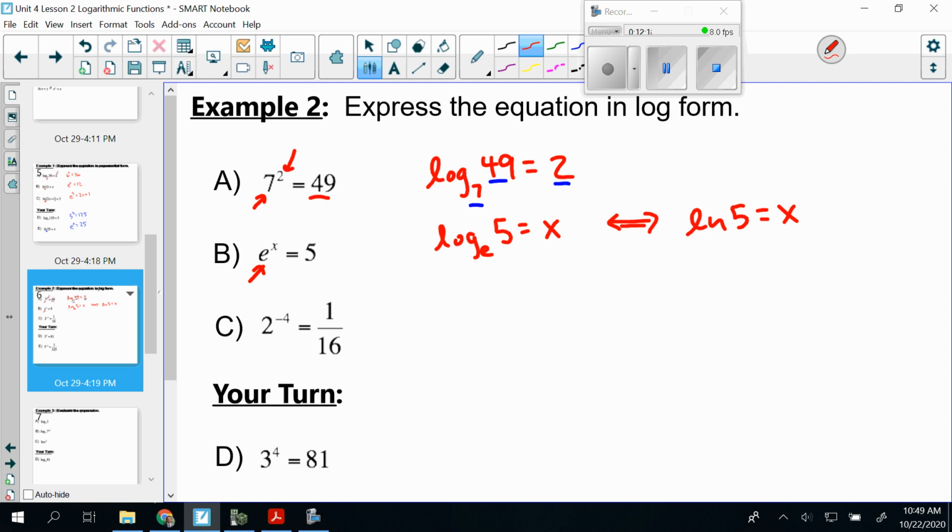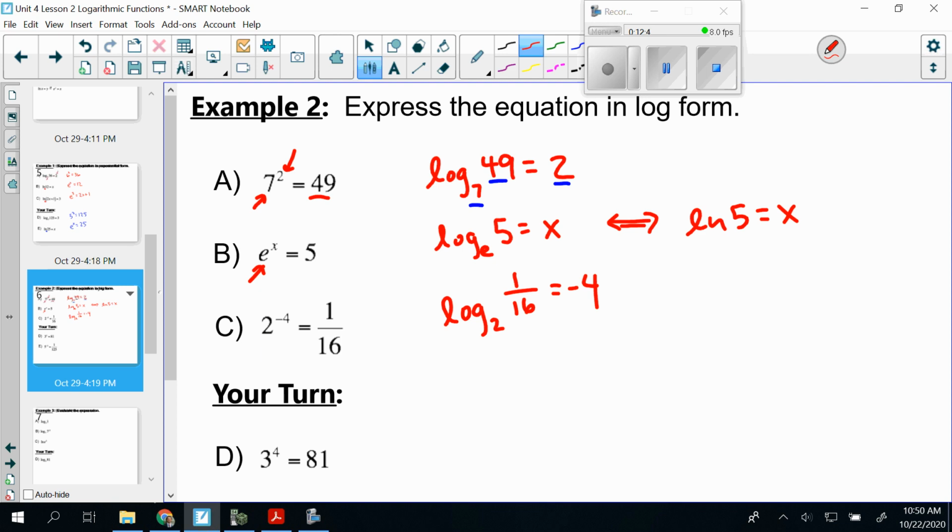That's what it could be equal to. So as long as this isn't a negative, we're okay. So we can write this one out. So this would be log base 2, because that's the base of our exponent, of 1 over 16 equals negative 4. And that's what we should get there.